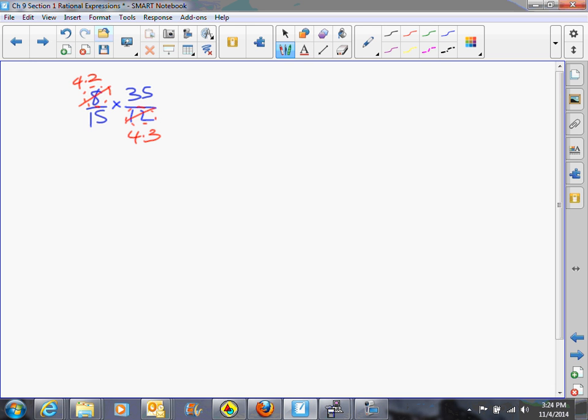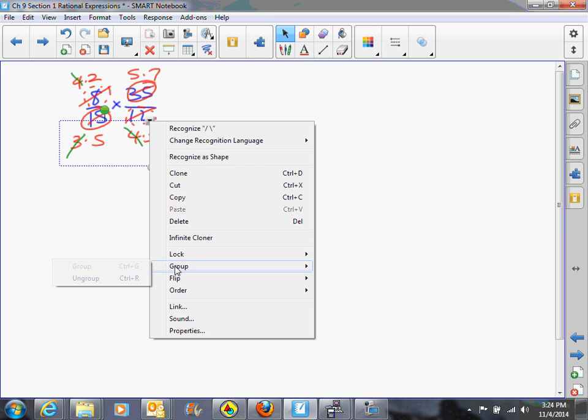So, okay, now let's continue on here. 15 is really 3 times 5. And then 35 is 5 times 7. Now, if there's a factor in the denominator and a factor in the numerator of this multiplication problem, they can be cross-canceled. 4 cancels with 4.